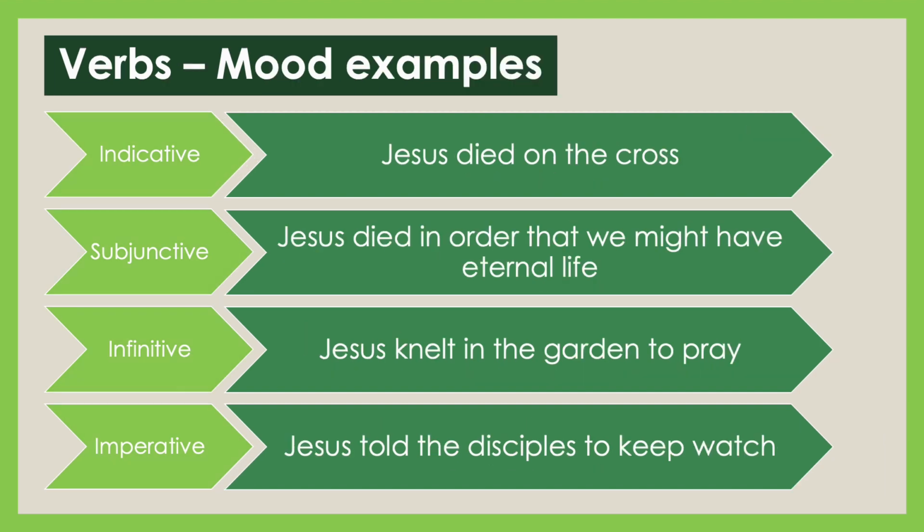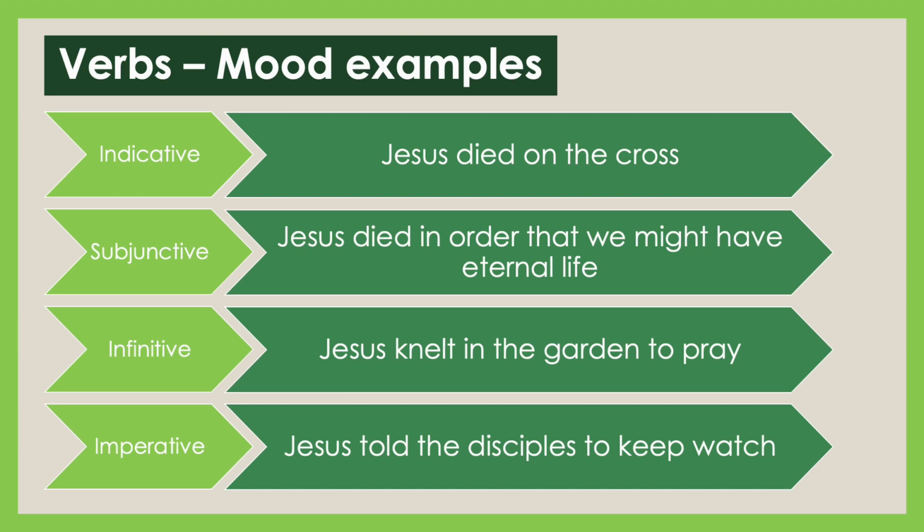So some examples of those. Indicative, Jesus died on the cross. An aorist, because it's saying a once-off thing that happened in the past, but that's an example of an indicative verb. A subjunctive, Jesus died in order that we might have eternal life. You'll often see in the subjunctive that the English translation will say something like in order that, or so that we may, or something like that.